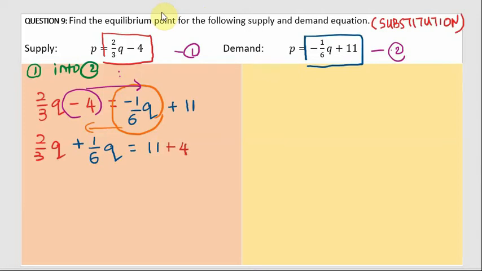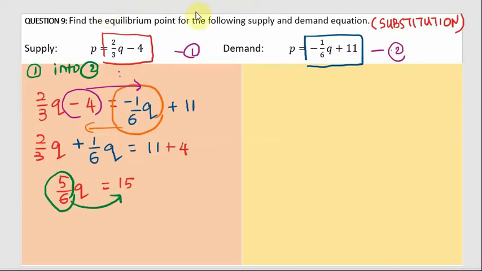Now 2/3 plus 1/6 is 5/6. So here is 5/6 q equals to 11 plus 4, which is 15. Now bring 5/6 to the right.